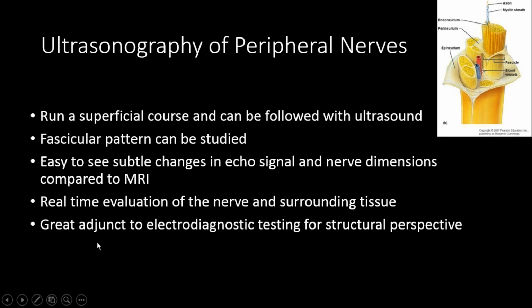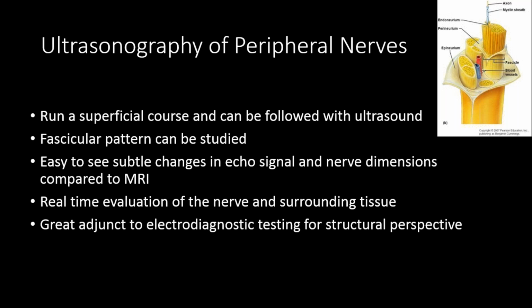So ultrasound is a great tool for peripheral nerve imaging, because most of the peripheral nerves run a superficial course. Even the ones which are deeper can be easily studied with ultrasound, and you can follow the course of the nerve, and the fascicular pattern of the nerve can be studied in much greater detail.